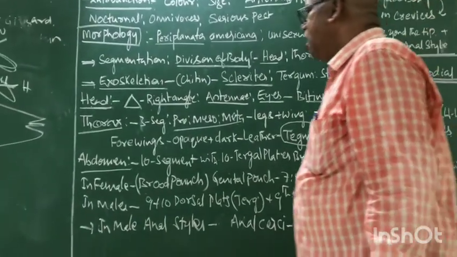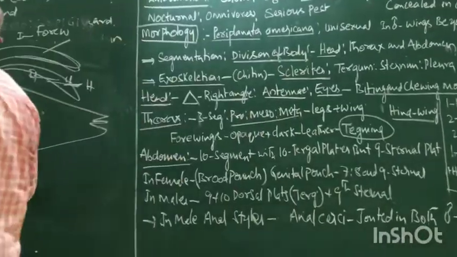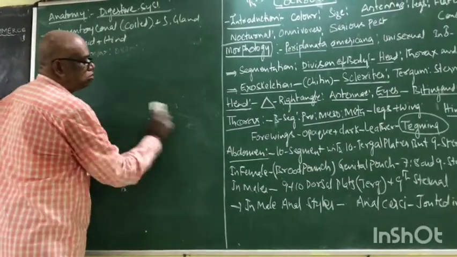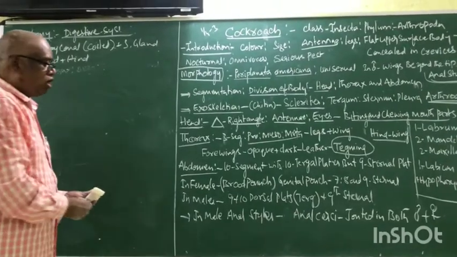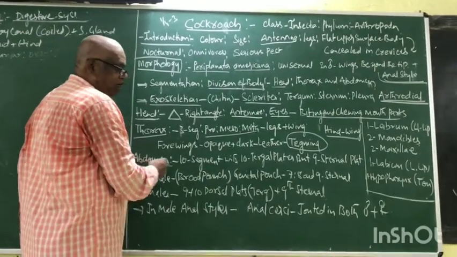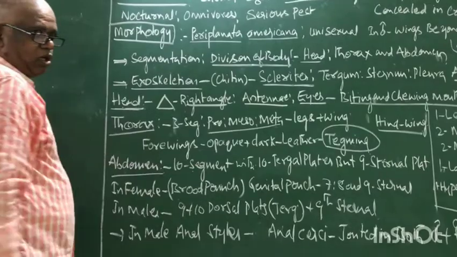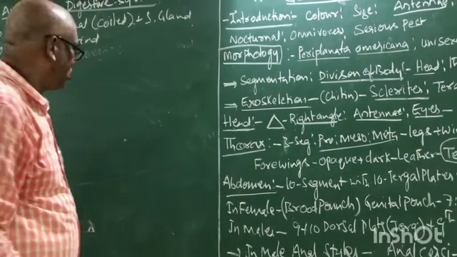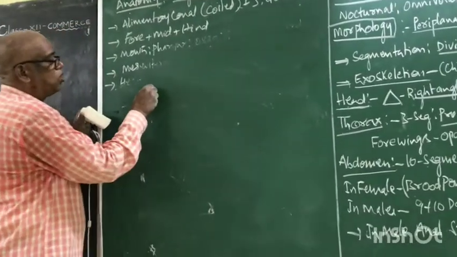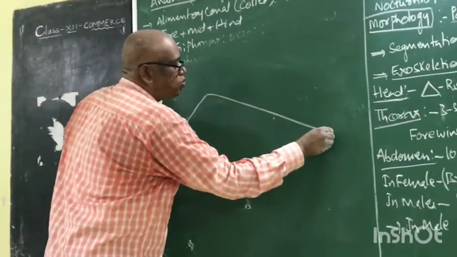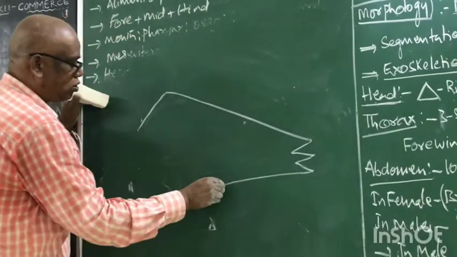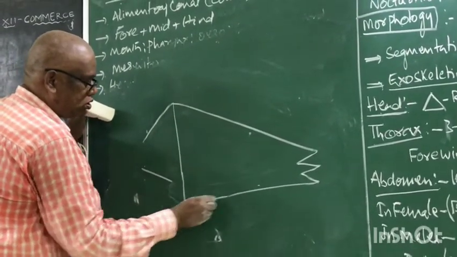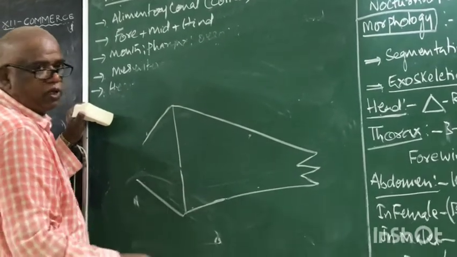Now come to the abdomen. Abdomen has 10 segments. Thorax is 3 segments. Head is 6 segments. Now it is the abdomen.